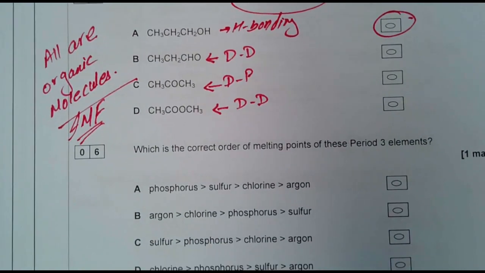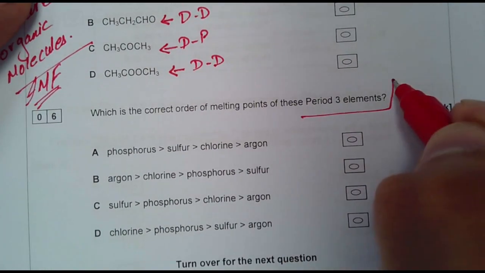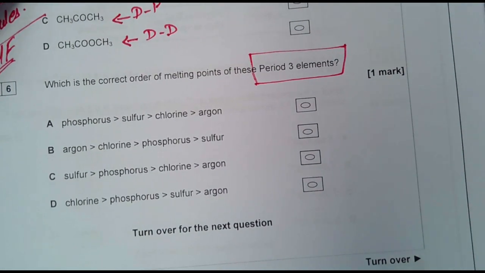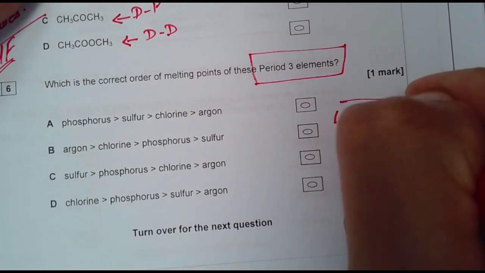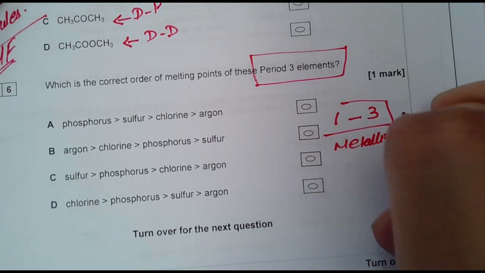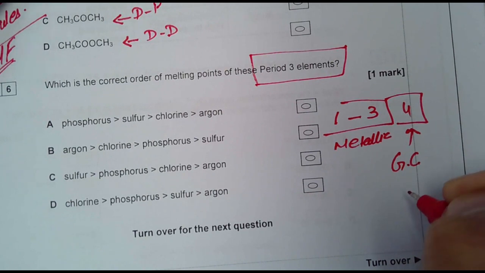Now the next question is about which is the correct order of melting points of these period 3 elements. So when it comes to period 3 elements, you can see group 1, group 2, group 3. They are all 1, 2, 3. They are metallic. Group 4, silicon, is giant covalent.